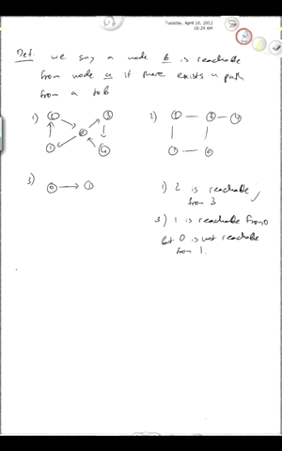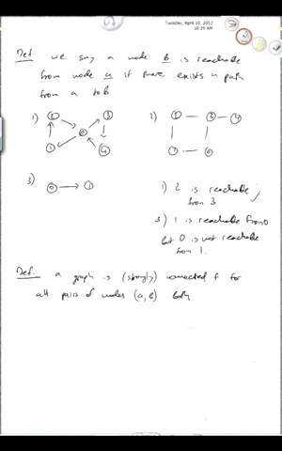So let's look at our next definition. A graph is strongly connected if for all pairs of nodes A and B, both of the following are true.